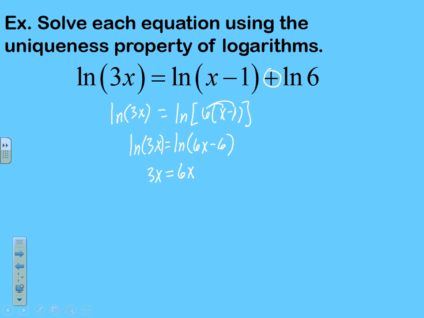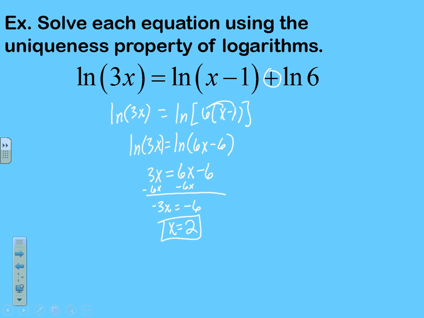And we can just set the terms inside of the parentheses equal to each other and solve for x like normal. So I will subtract 6x from the right side and move it to the left side, and that will give me a negative 3x being equal to a negative 6. Divide both sides by negative 3, and x will be a positive 2.